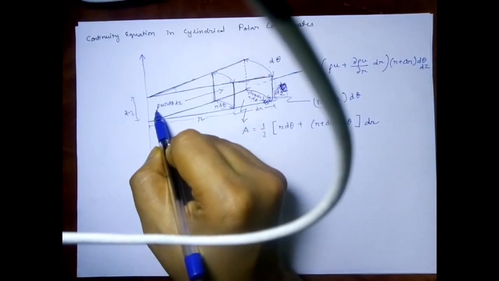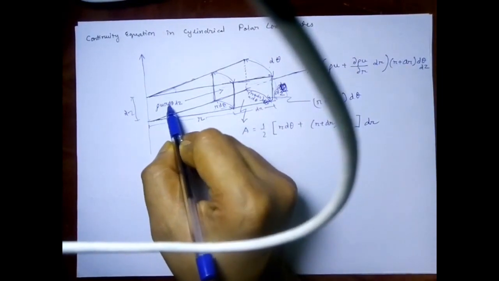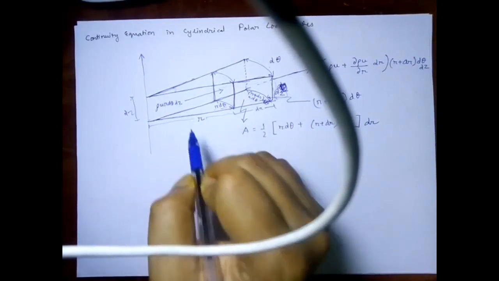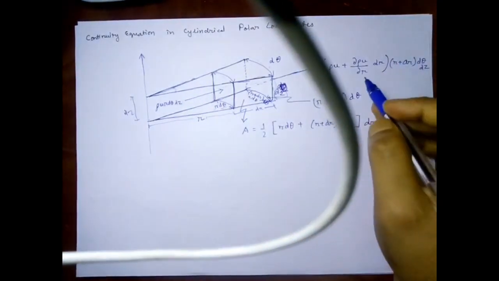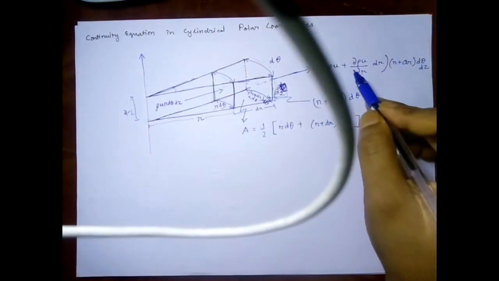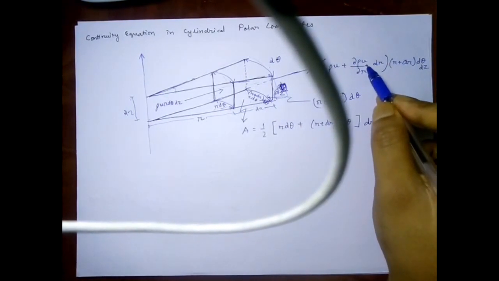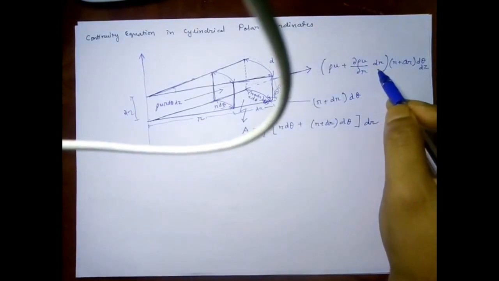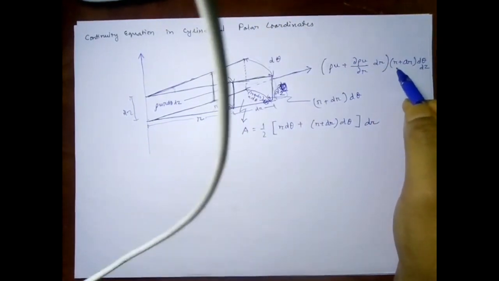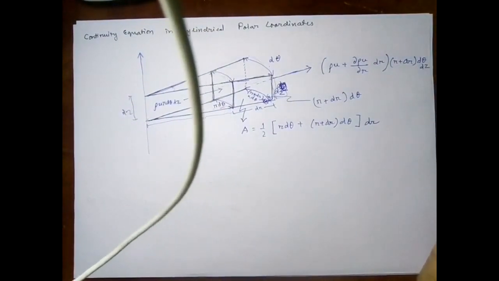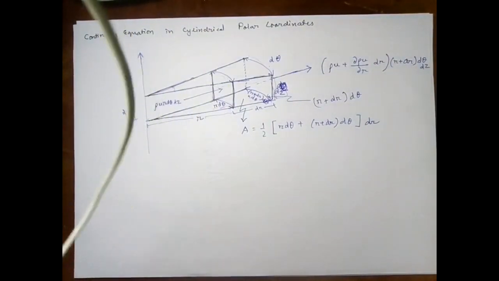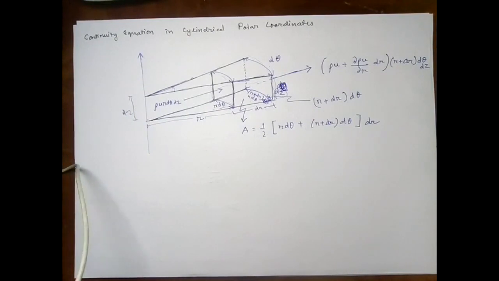So rho times u times r times d theta dz will be the inflow, and similarly the outflow will be rho u plus del rho u upon del r dr times r plus dr d theta dz, the outflow mass of the fluid.